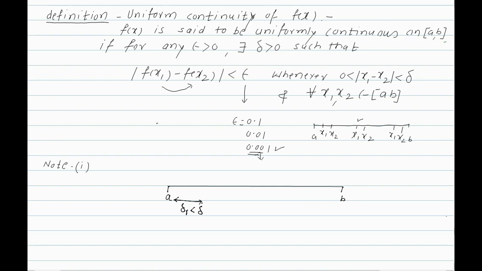So this interval which is of length delta 1 means its length is less than delta, and if you select any 2 points in this interval, then by definition, difference between values of the function f of x1 and f of x2 is very small.